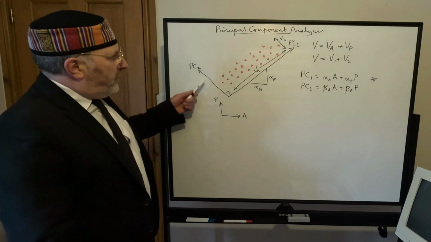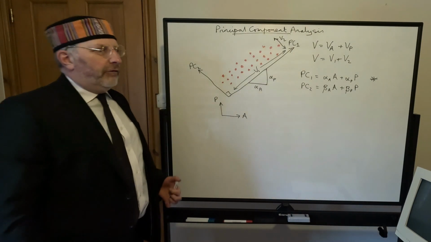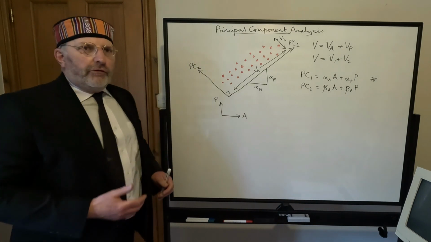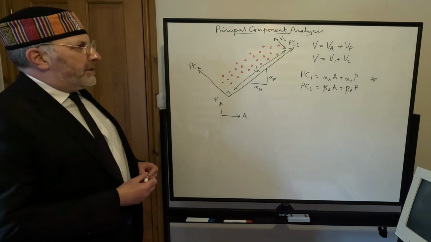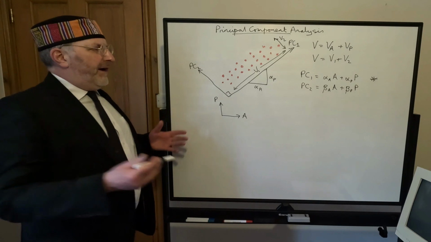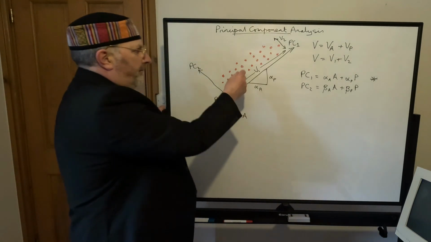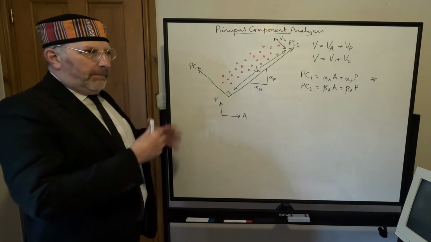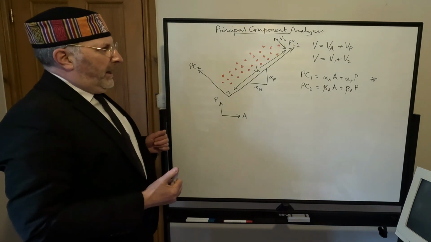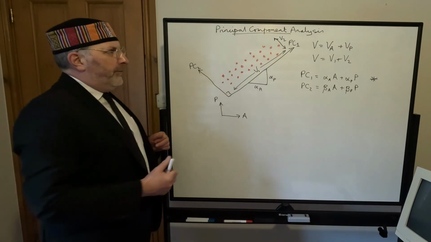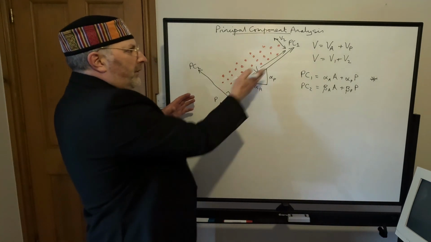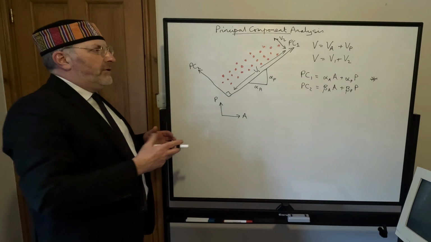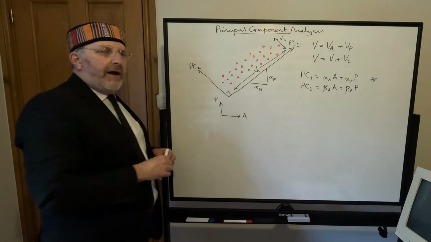And I've chosen a two-dimensional example because it's something we can see, but in practice we might have many more variables. So these points would be in 3-dimensional, 4-dimensional, 5-dimensional, multi-dimensional space. But we can apply the same principle, that we find a direction in this multi-dimensional space that maximizes the variance.